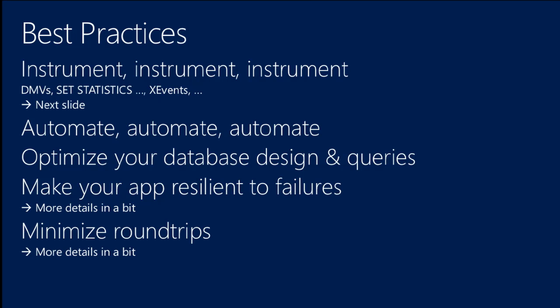The next thing, and as you saw on the agenda, we will go into slightly more detail there as well. You need to make your application more resilient to failures, right? The whole setup in the cloud, given that we have commodity hardware, given that we achieve high availability just through more machines, you will get failures when you run against the cloud offering.